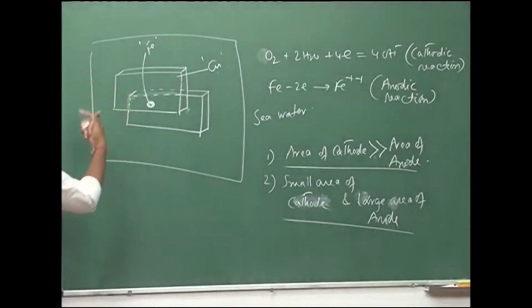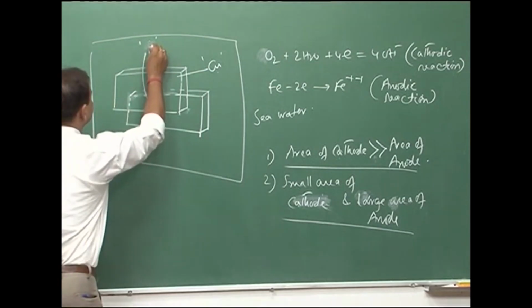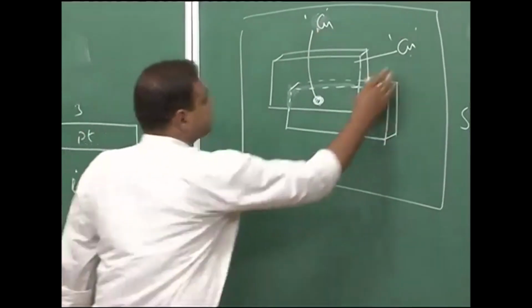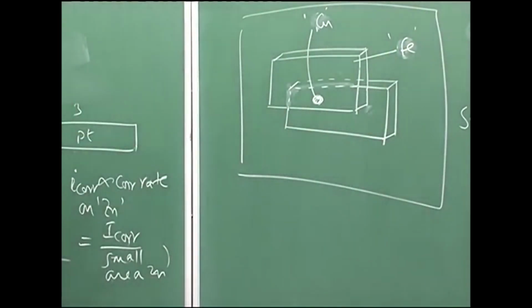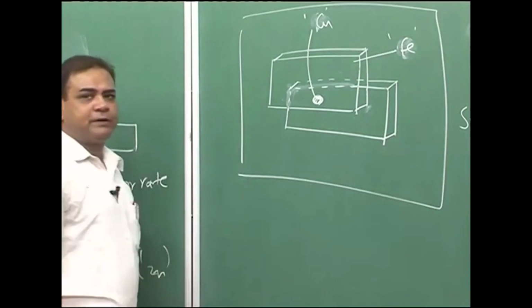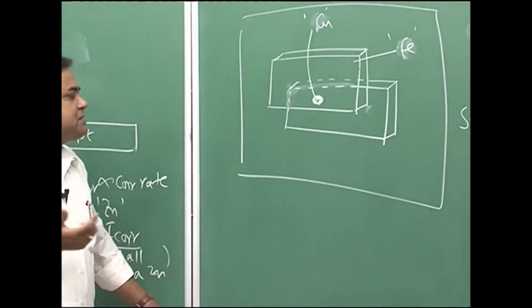Now, let us say I reverse the material. If this is my copper rivet and this is my steel, the plates become steel and the rivet become copper, that time the situation would be much better.